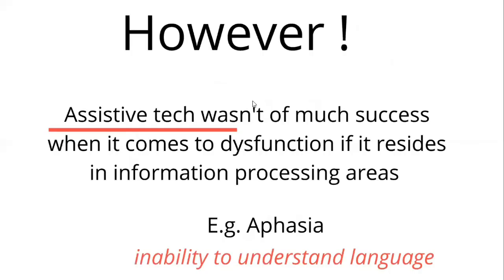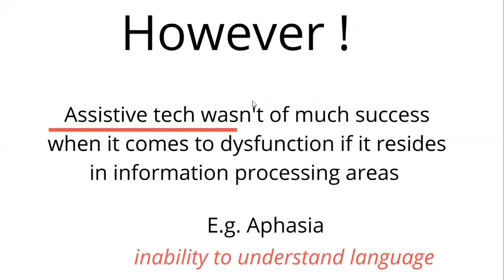But if the problem is from the processing area, it is not easy. We have not had much success in developing an assistive device if the problem is in the processing area. One such example is aphasia, right? Aphasia is the inability to understand language.